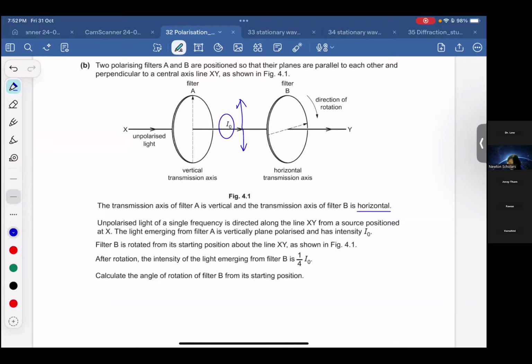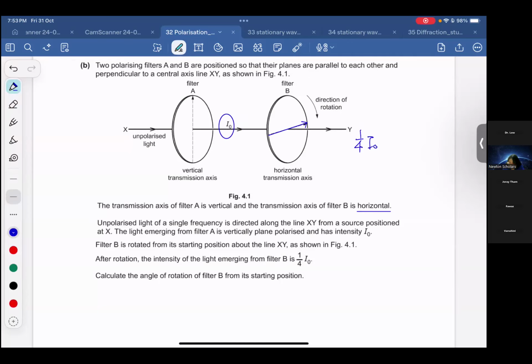Then filter B is rotated from its starting position about XY as shown. This is their starting position. After rotation, the intensity is 1/4 I0.